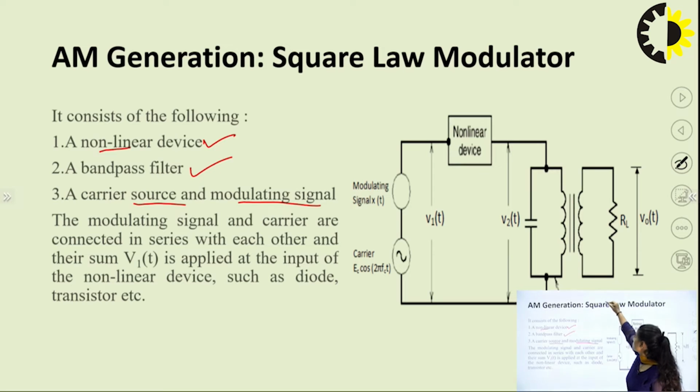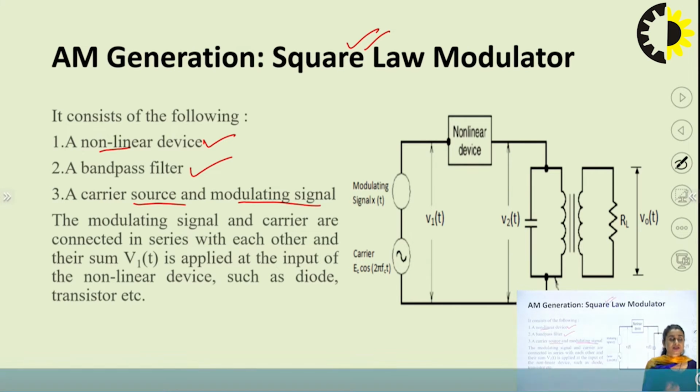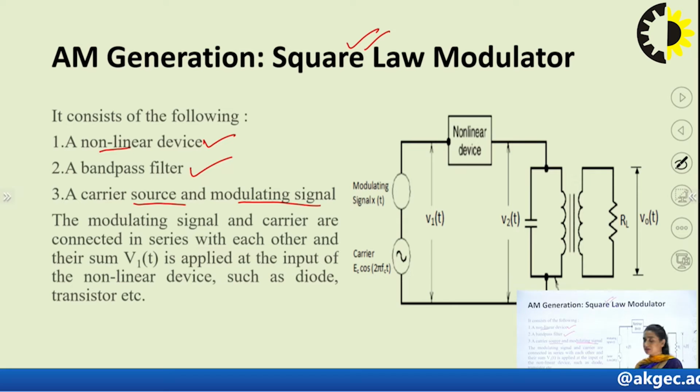As the name suggests, square law. Square law can be performed with the help of a non-linear device, right? We'll be needing some passive elements here. A band pass filter, of course, at generation you need a filter. Even at reception you will be needing some filters. Those will be preferably low pass filters. Although if you are using band pass filters, you can use them at generation as well as at demodulation, right?